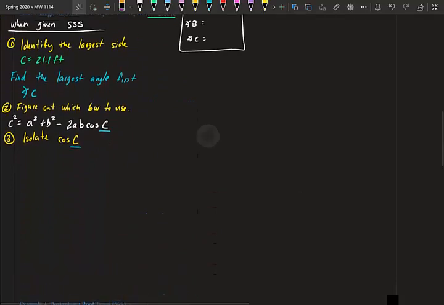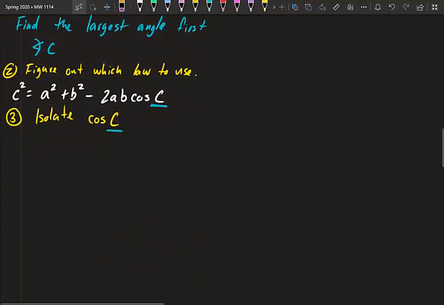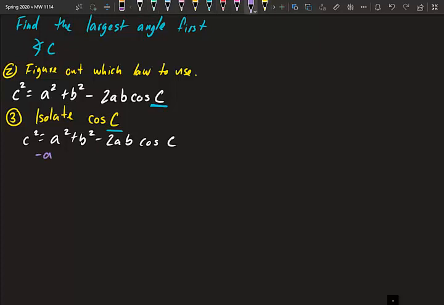Alright, so in our law, let's go ahead and isolate it. So we have C squared equals A squared plus B squared minus 2AB cosine C. So the first thing that we're going to do is subtract A squared. And then we're also going to subtract B squared.